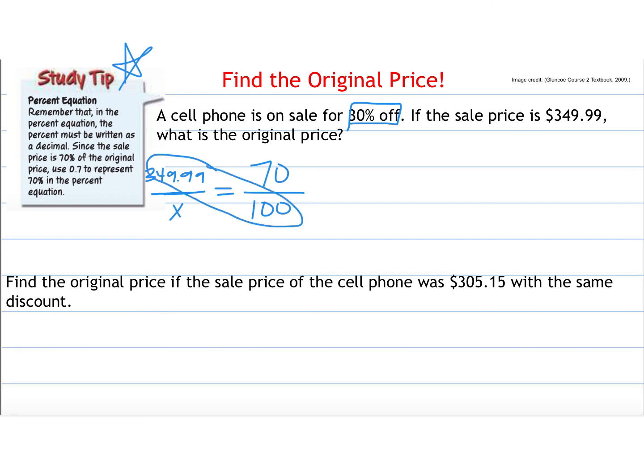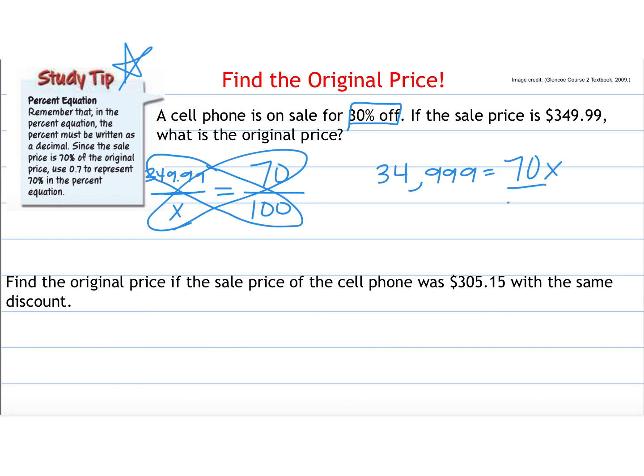Okay, 349.99 times 100. Okay, which when we do that is 34,999. Multiply this side equals 70x.